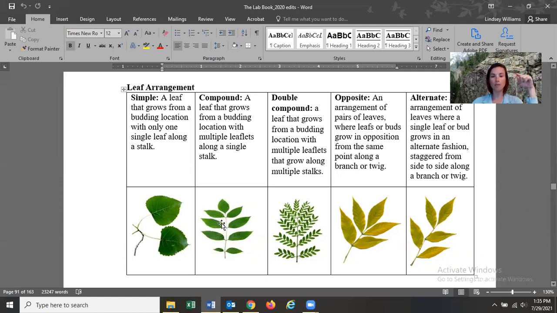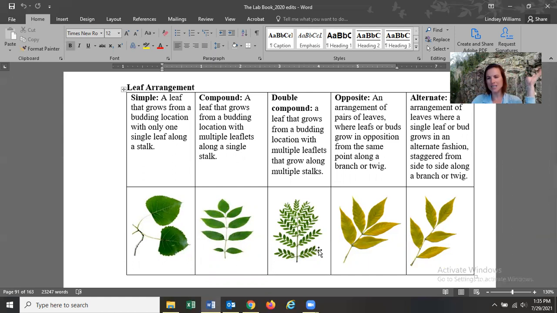We have singular compound, where you have branching of just one main stem, okay? And then we have ones where they branch, but then the leaflets branch a second time. So you have the main stem, and then you have these secondary stems that also have branching happening. So it branches and then it branches again, all right?